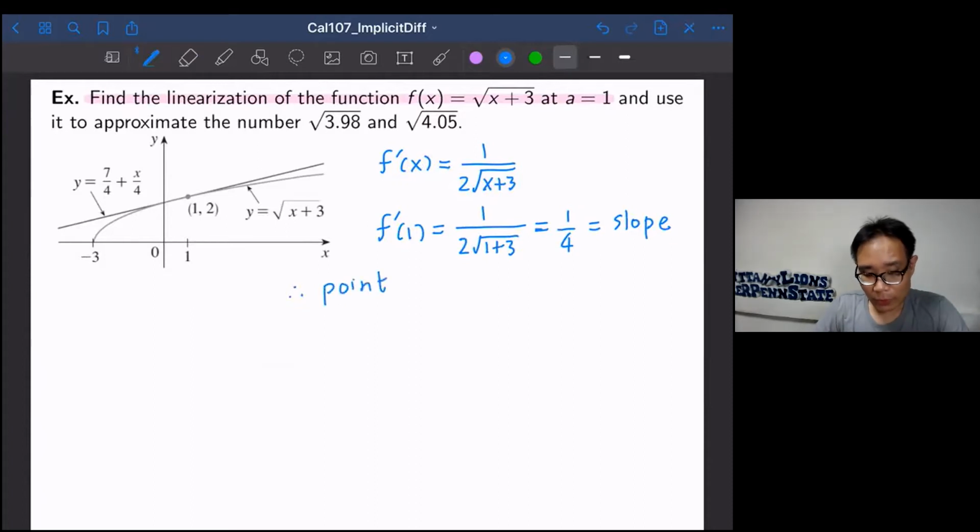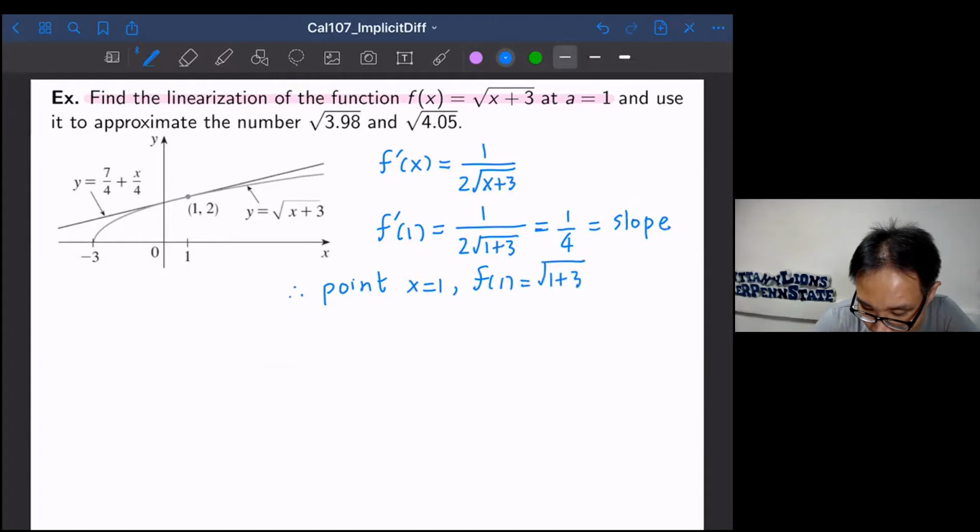The point in this case is x equal to 1, and f(1) equal to root 1 plus 3, equal to root 4, equal to 2. So the point is (1, 2).